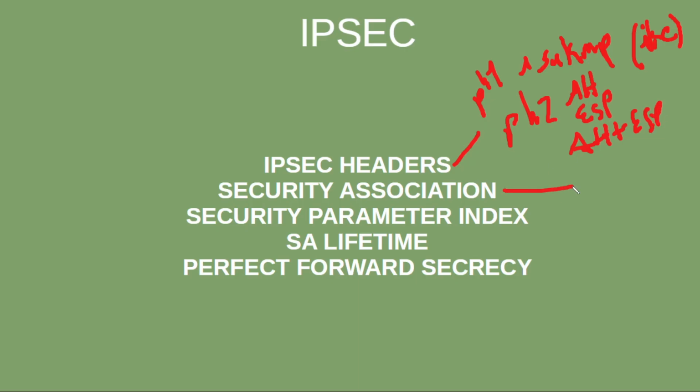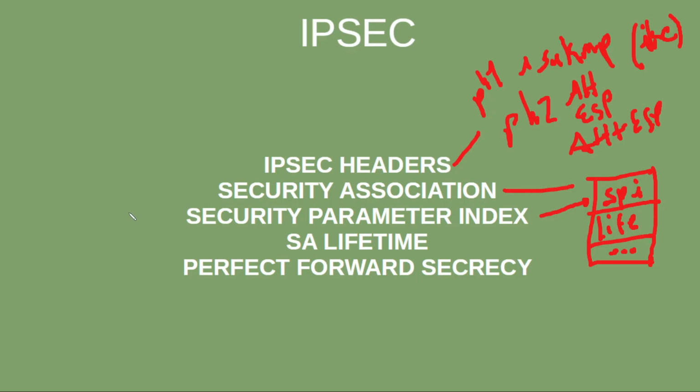We saw what a security association is. It is a data structure that identifies a particular IPSEC session. It includes the SPI number, lifetime, and many other details such as encryption algorithms, encryption keys, and so on. We saw what the security parameter index is, which is this number, SPI.